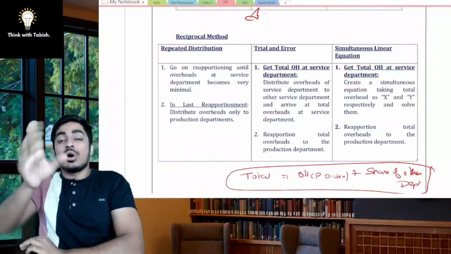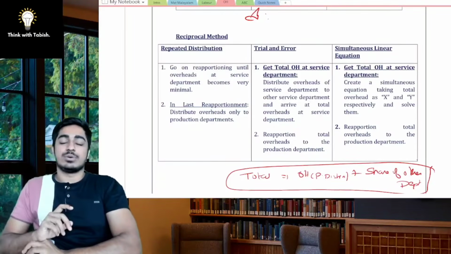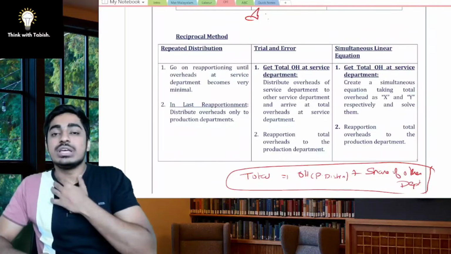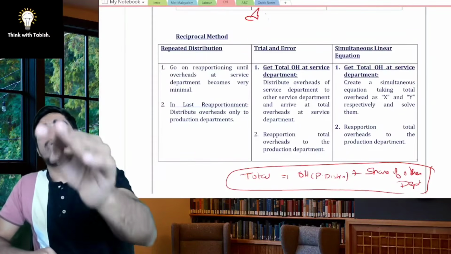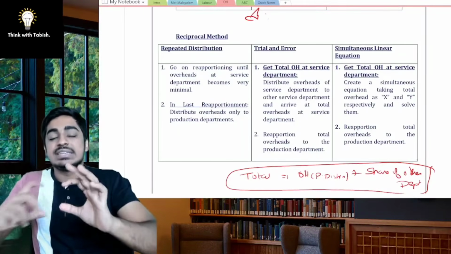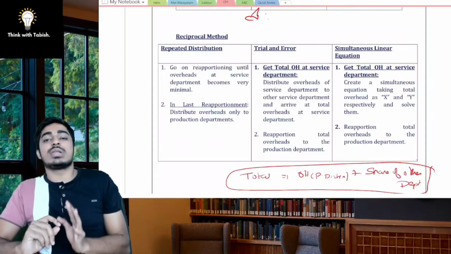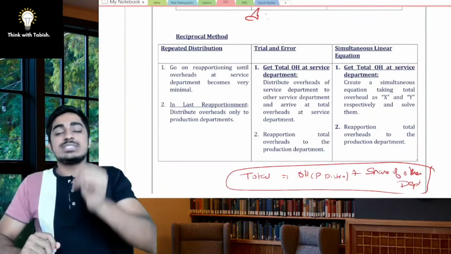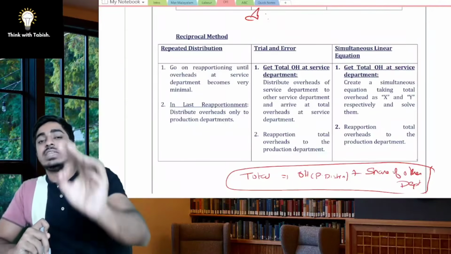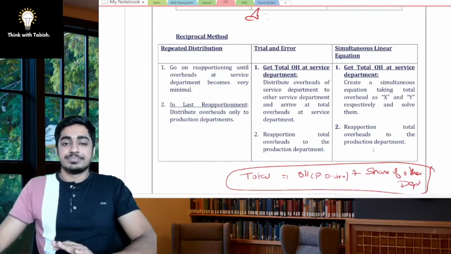We go on distributing the cost of one service department to the other service department only, distributing the total unapportioned overheads to the other service departments. We go on doing this till the overhead becomes very small. We get the total overhead at the service department. Once we have it, we will reapportion this to all the departments available. Clear?